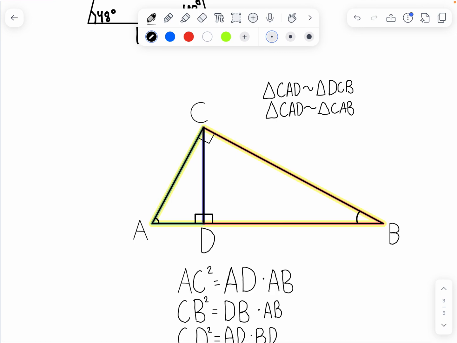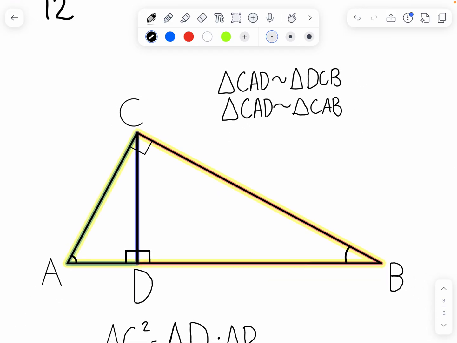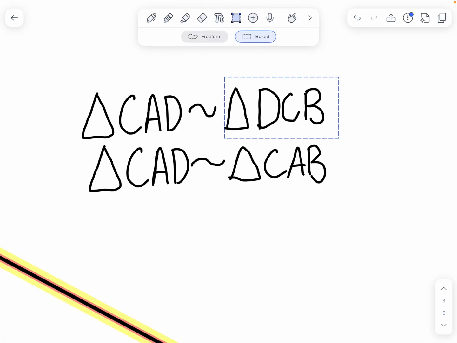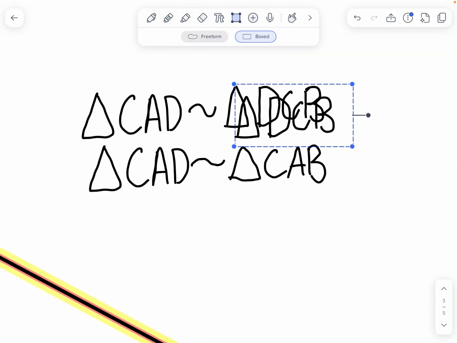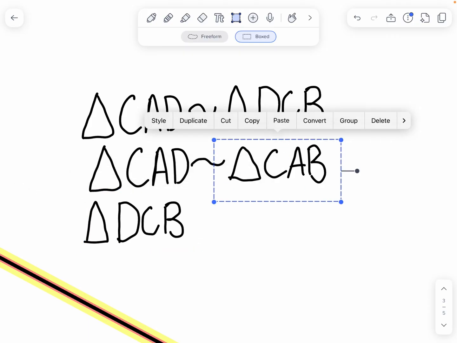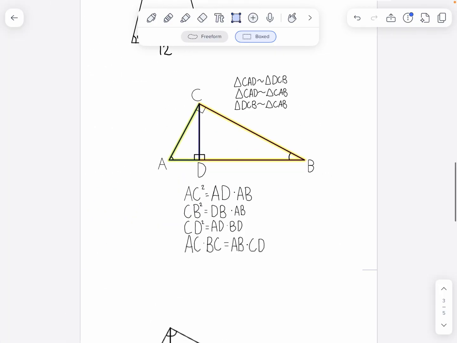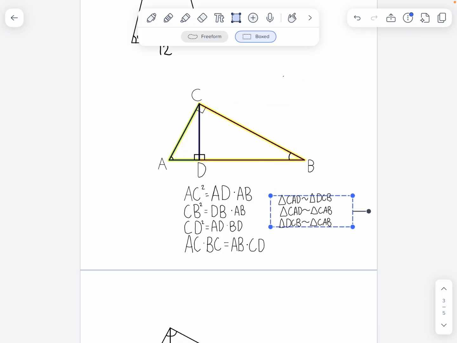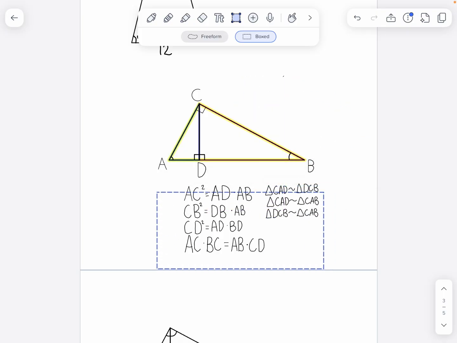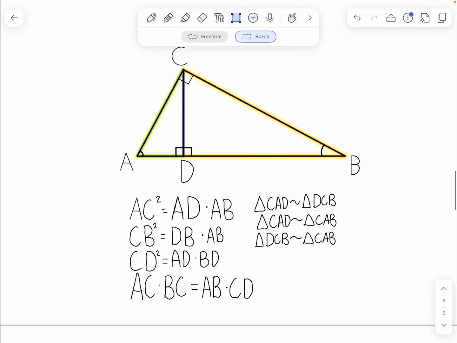And finally, the right triangle DCB is also similar to the entire right triangle of CAB. And finally, there are these four theorems.